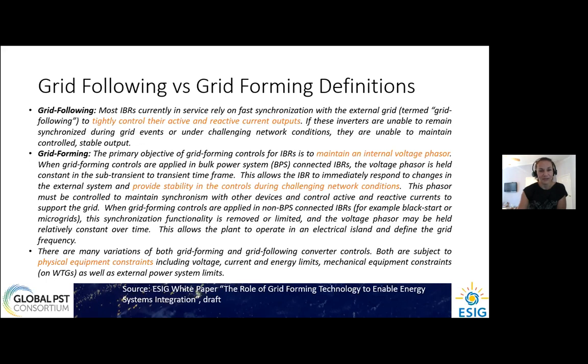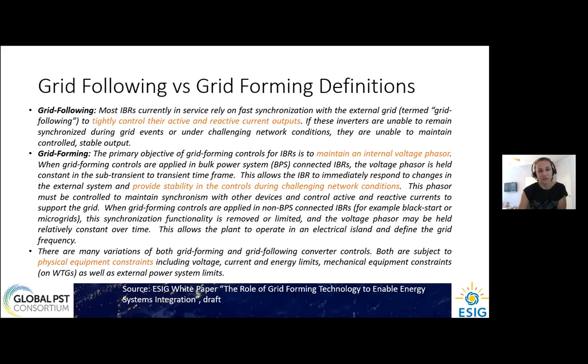They rely on fast synchronization with the external grid, and therefore they are termed grid following. They tightly control the active and reactive current outputs. And if these inverters are not able to synchronize during grid events, then they are unable to maintain controlled and stable output. Grid forming inverters' primary objective is to maintain an internal voltage phasor.